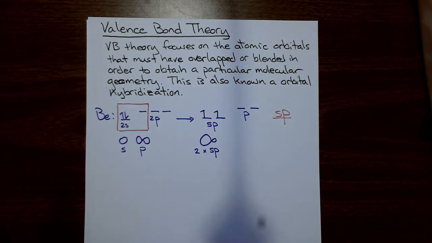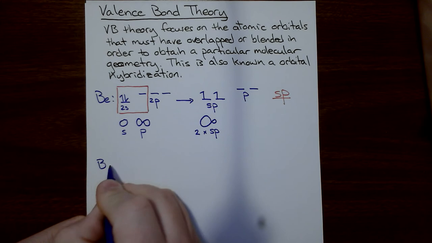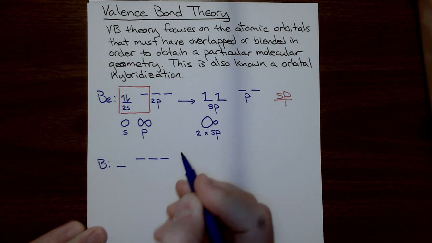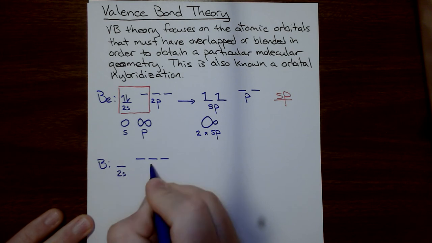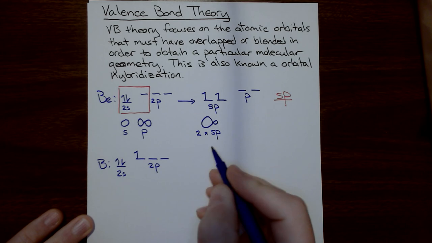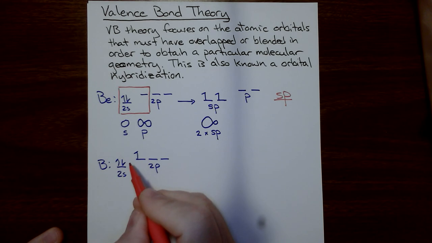The next one we can look at is boron. Boron has the same orbital diagram, 2s, 2p, with 1, 2, 3 electrons in it. Now in this case, boron can only make 1 bond, but it wants to be able to make 3.